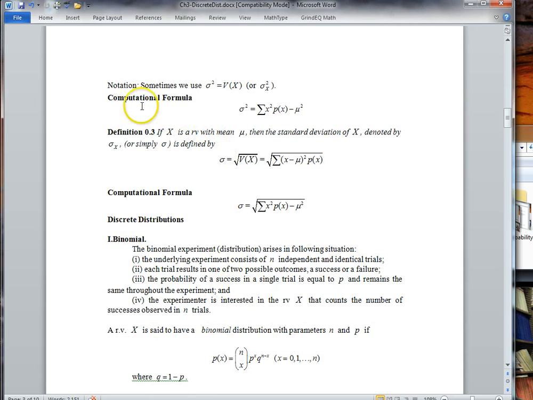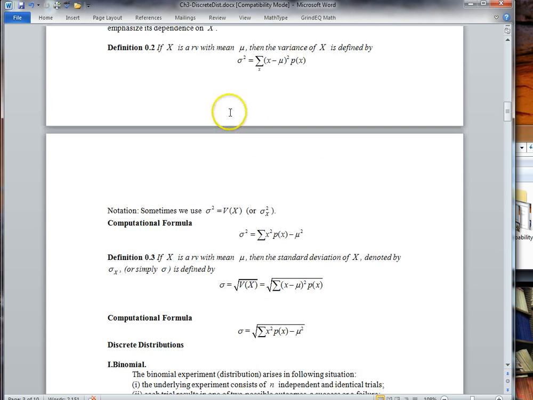We also have a formula for computations. This formula can be a little bit awkward sometimes, especially if mu is 3.261. There's a lot of fractions you have to add and subtract. It becomes cumbersome, and more importantly, it can lead to round off error and propagation error. So this computational formula avoids that.